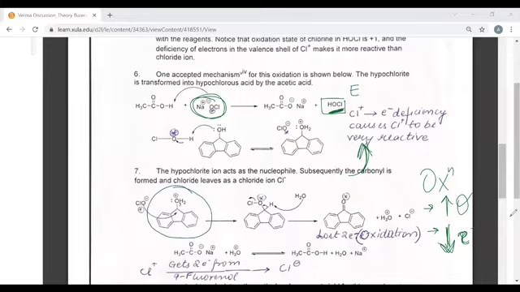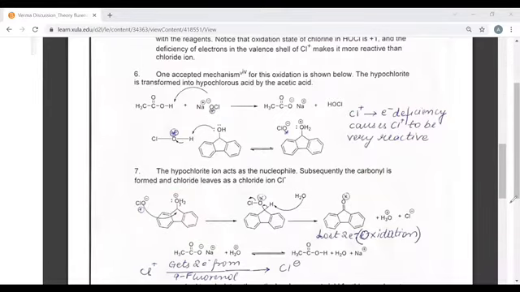When this electron deficient species, HOCl, will gain electrons from your alcohol, it will oxidize the alcohol. And of course, in the process, what will happen? It will itself get reduced.